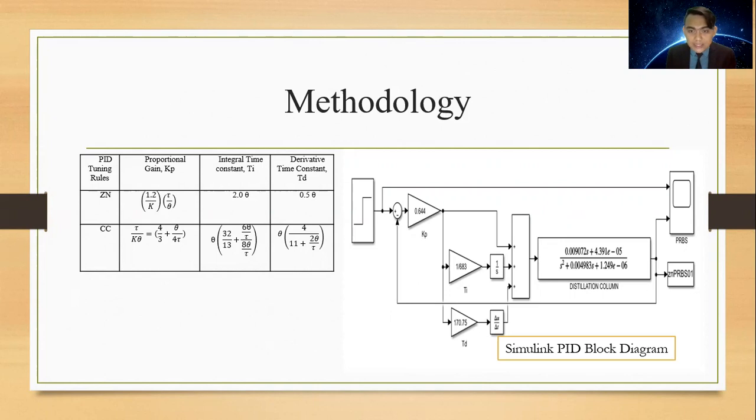As you can see on the right side is an example of the Simulink PID block diagram. As you can see, there is Kp, Ti, and Td. All the values that we have gathered will be entered into this block. We also have the transfer function that we obtained from the system identification app.